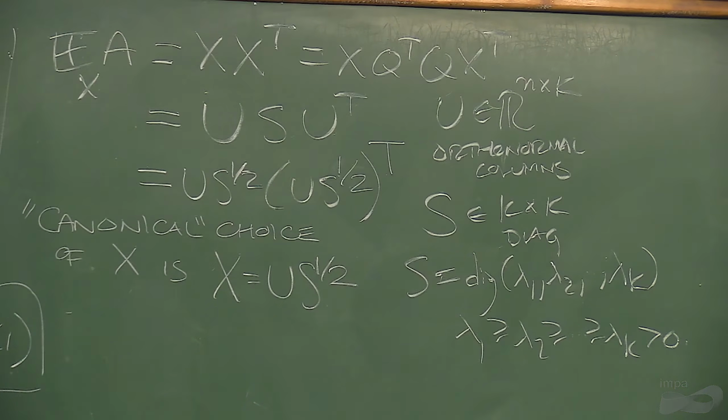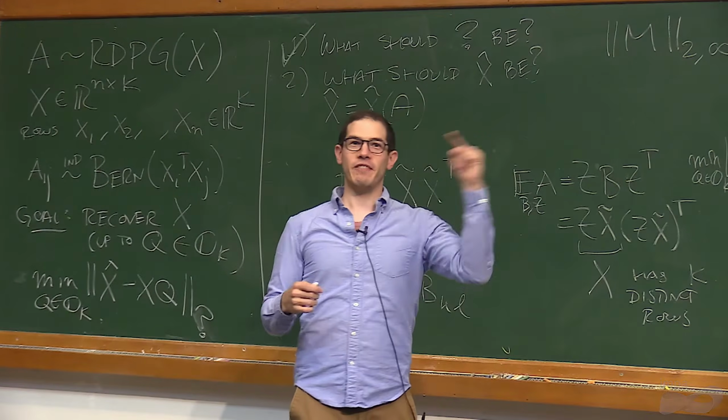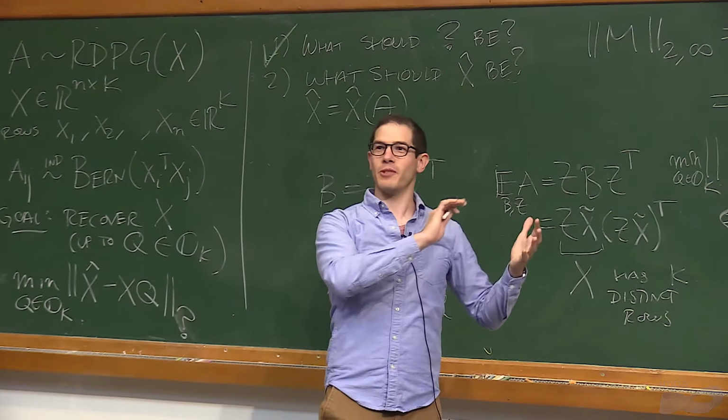Now I'm going to do the most statistical thing ever. In statistics, there's this thing called the plug-in principle. When you want to estimate some quantity that is expressed in terms of other parameters in your model, you should just estimate each one of the individual parameters, and then your overall estimate is what you get by putting all those together.